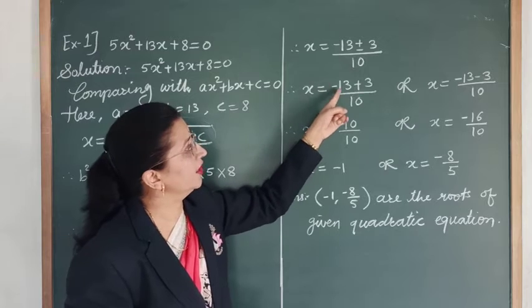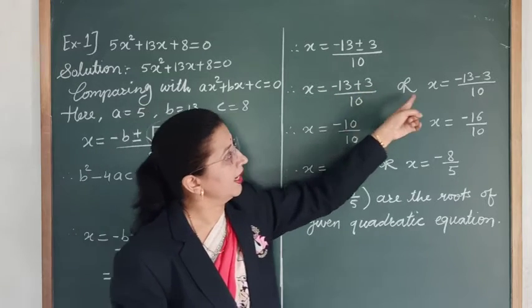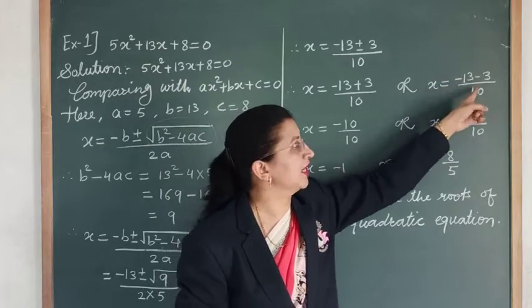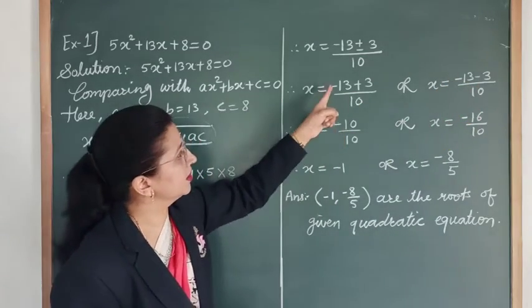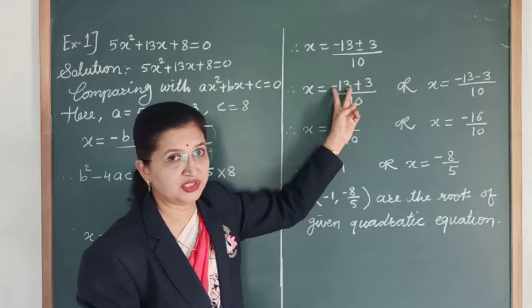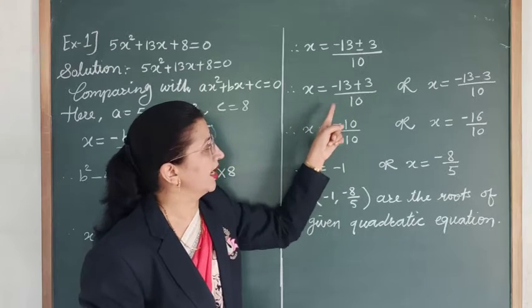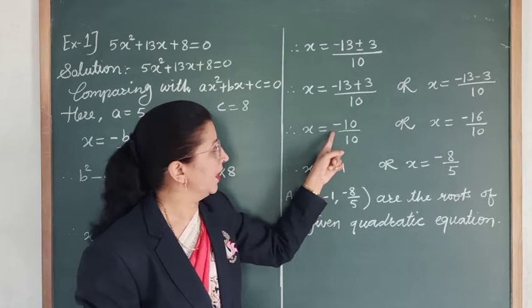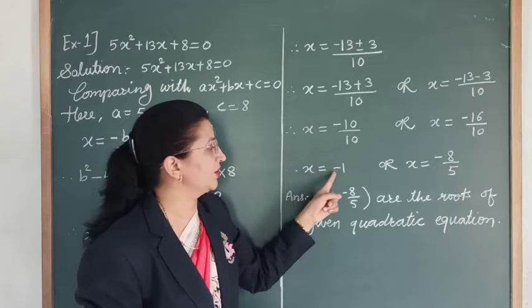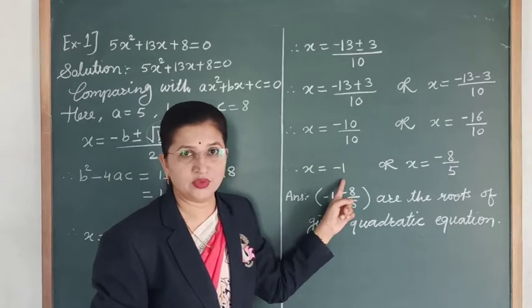So x is equal to negative 13 plus 3 upon 10, or x is equal to negative 13 minus 3 upon 10. Now let's solve this. 13 is negative, 3 is positive, different signs, so subtraction. 13 minus 3 is 10 upon 10, and the sign of the bigger number is negative. So negative 10 upon 10 is negative 1. In this way we got one root, that is negative 1.